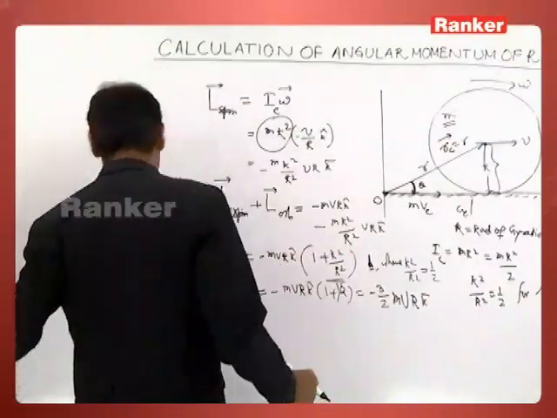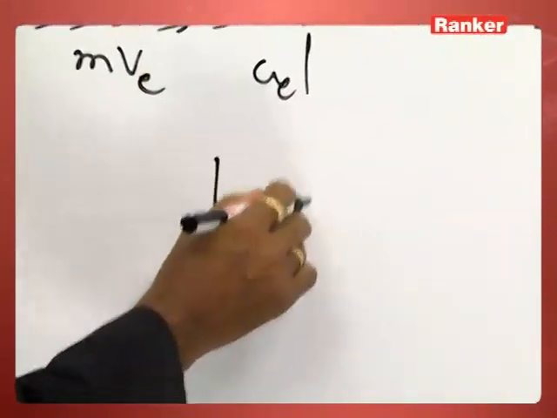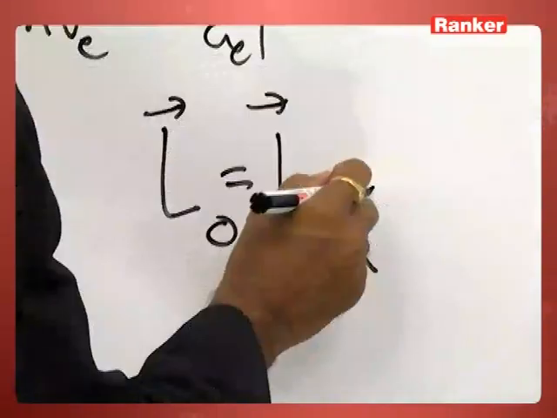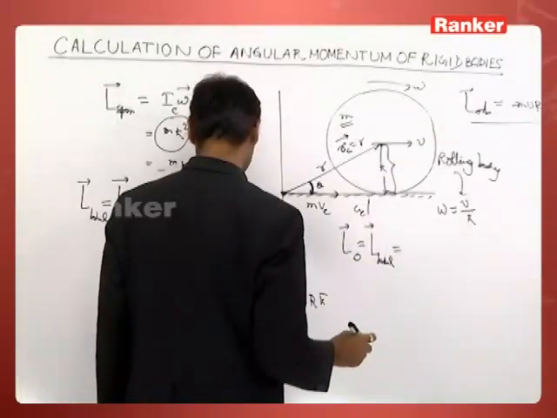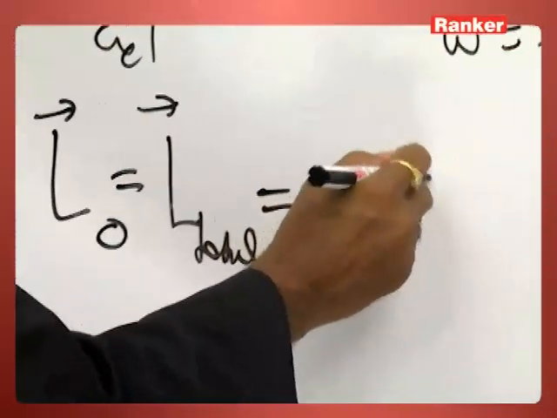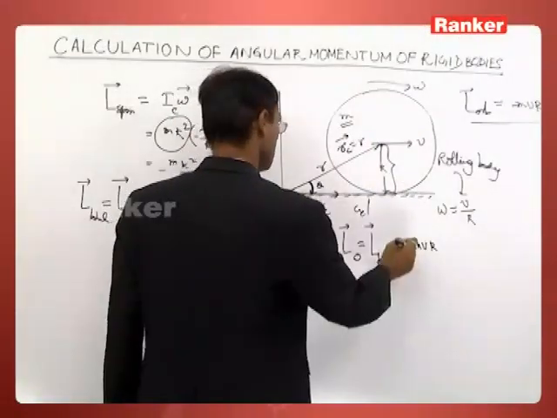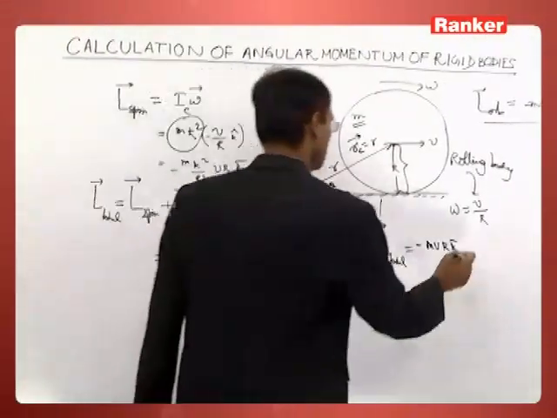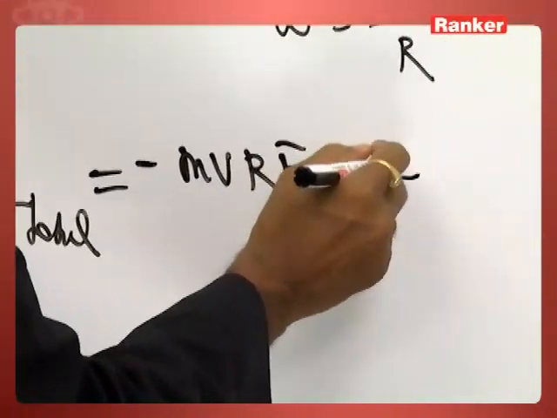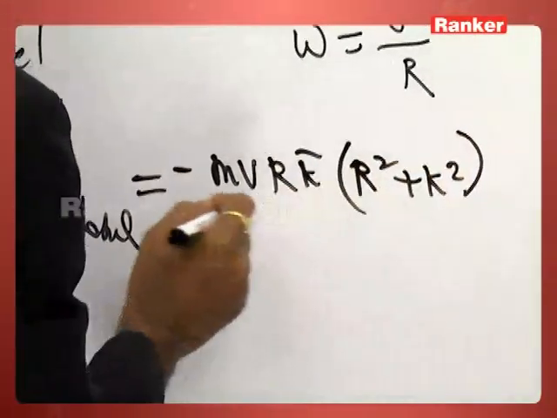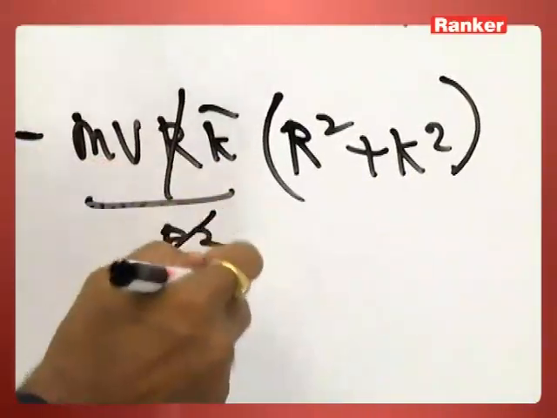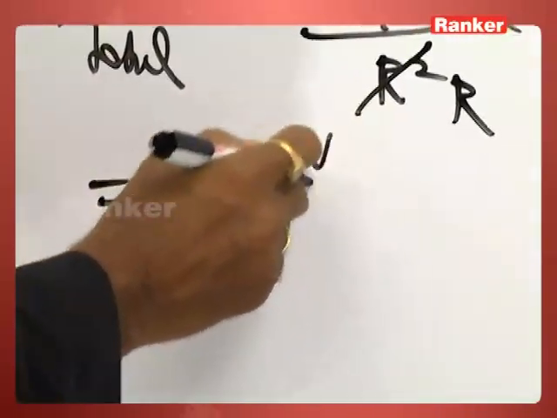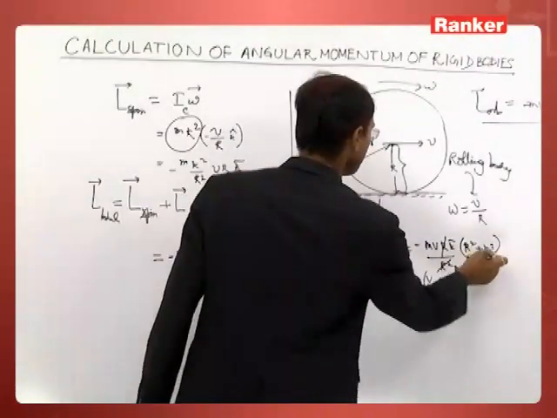This can also be written as L total is equal to minus mvr k cap times (r square plus k square) by r square. R will get cancelled and in the numerator you are getting m v by r times (r square plus k square).